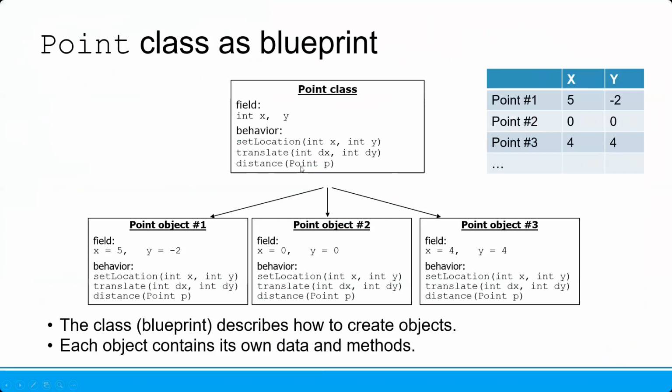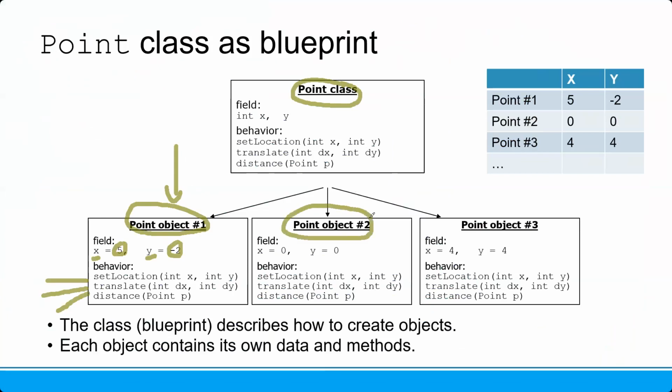In detail, we have a point class, and then we have point object 1, which is 5 for the X and -2 for the Y. This point object 1 will have the behavior for all the methods. Point object 1 can use set location, translate, and distance.